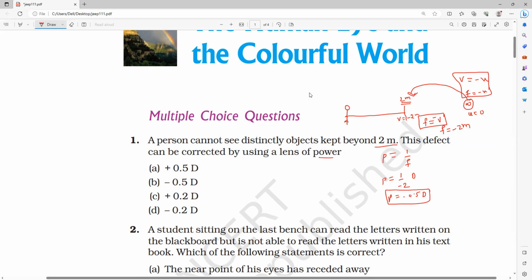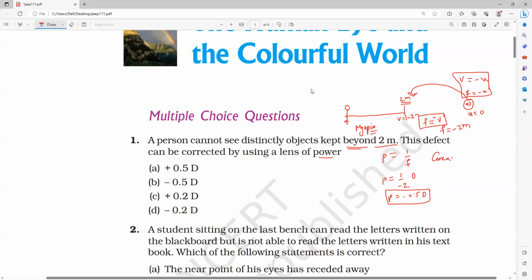dioptres. So first of all, to correct far vision, it is short-sightedness or near-sightedness, because it is what defect? It is myopia. So for myopia, will we use a concave or convex lens?